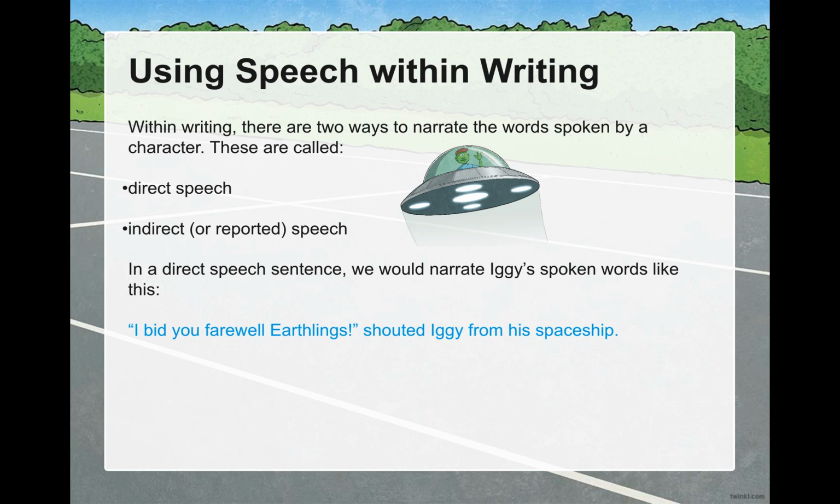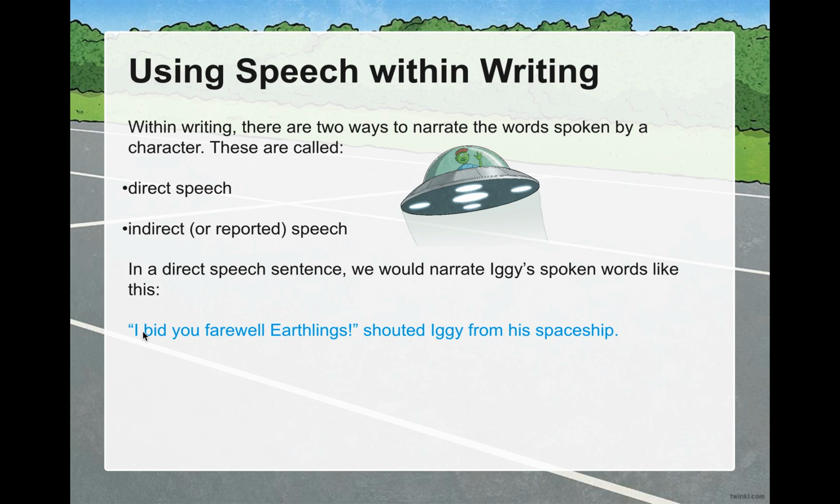"I bid you farewell, Earthlings," shouted Iggy from his spaceship. "I bid you farewell, Earthlings." These are the exact words that he is saying, so we use quotation marks to hug the words that he said. One thing to look at here is he used the word I. When we say I, it's the words the person said.